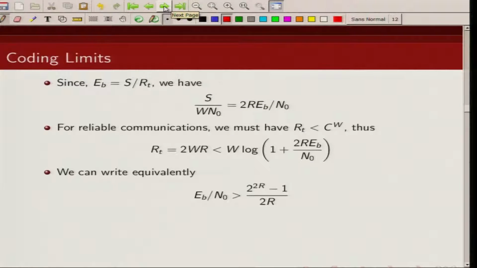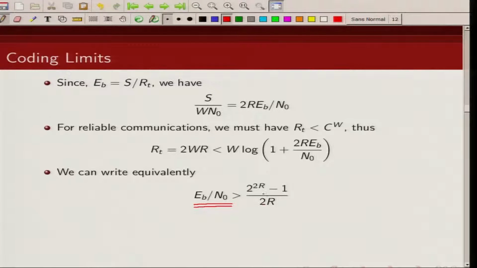From here we can write the expression for minimum SNR, energy per information bit by noise power spectral density. SNR per information bit should be greater than or equal to 2 raised to power 2R minus 1, divided by 2R.